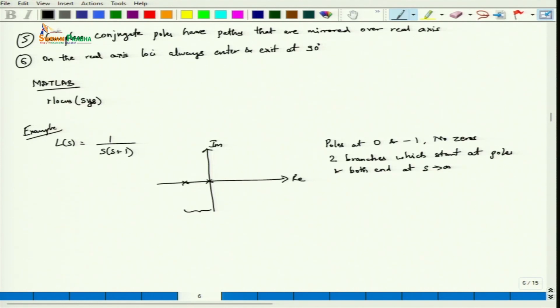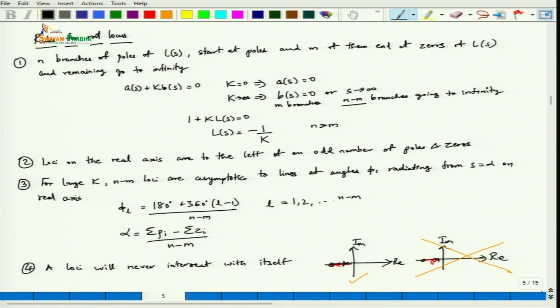So we understand now that for the real axis, root loci lie only between 0 and -1. The next part is asymptotes.